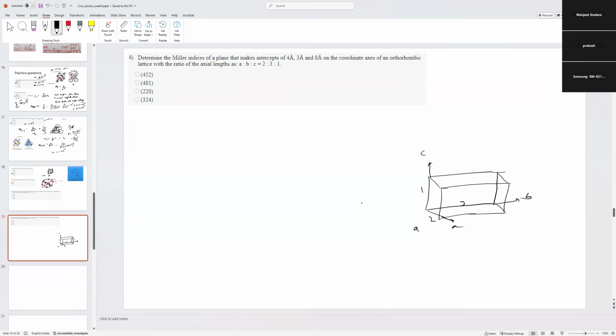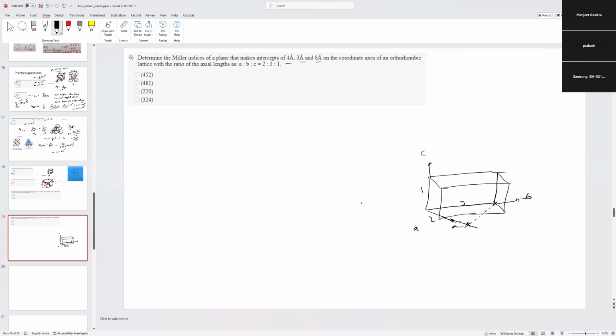So the intercepts are at 4 angstrom, 3 angstrom, 8 angstrom. For a, it's intersecting at twice this length, so somewhere over here. For b, it's intersecting at 3, which is this vertex of this plane.